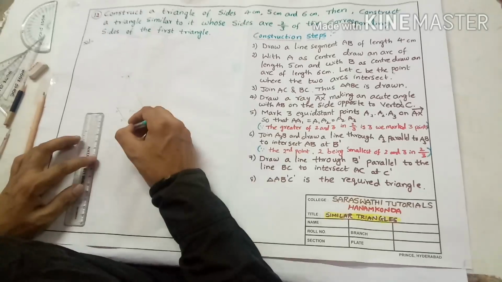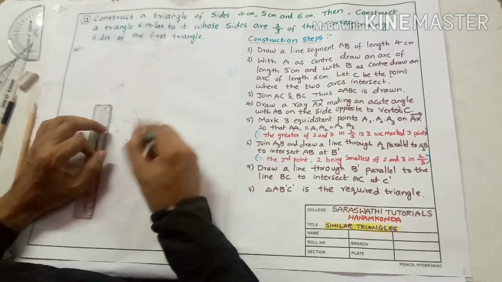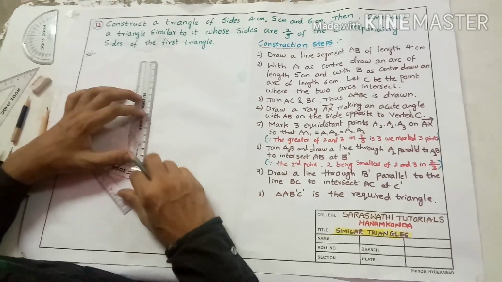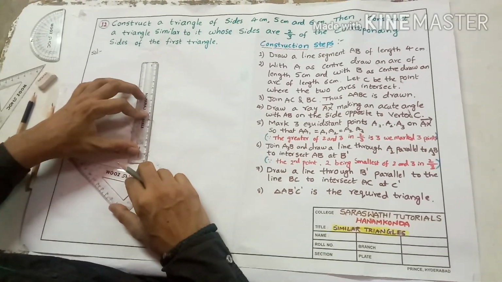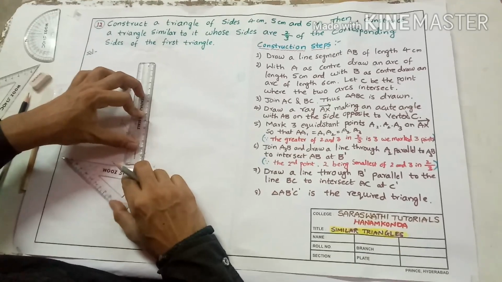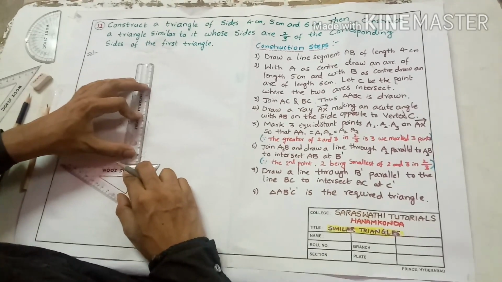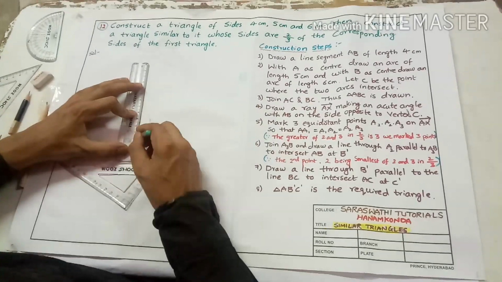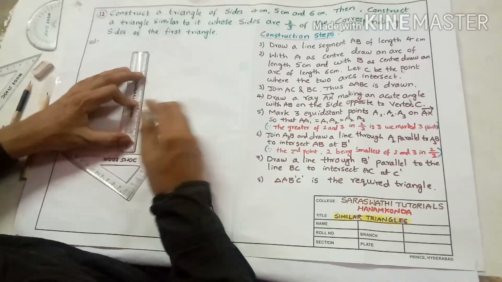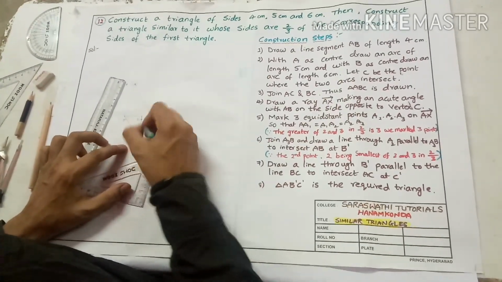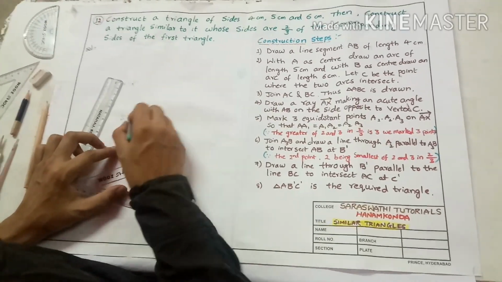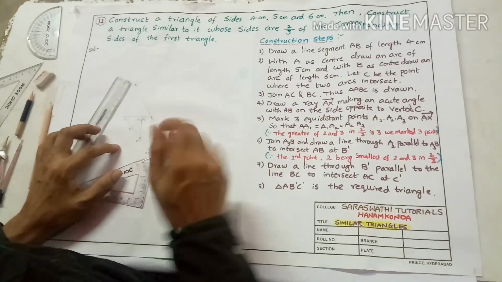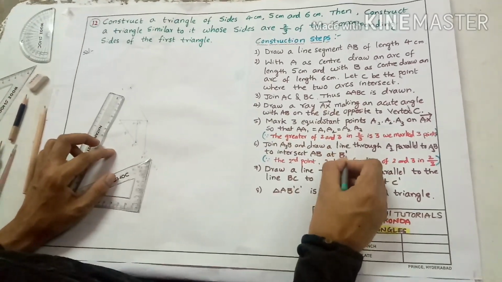Place the scale on the side A3B, and from A2 draw a line parallel to A3B. This line drawn from A2 meets AB at B'.